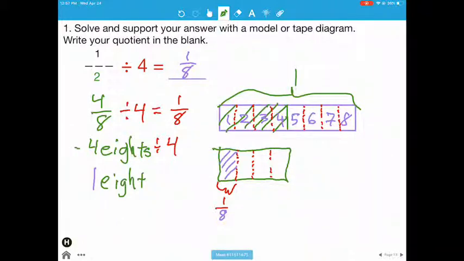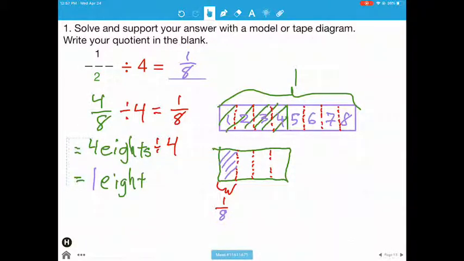Four divided by 4 is 1. So 4/8 divided by 4 equals 1/8. Okay, I'm showing it here in numerical form and here in unit form.